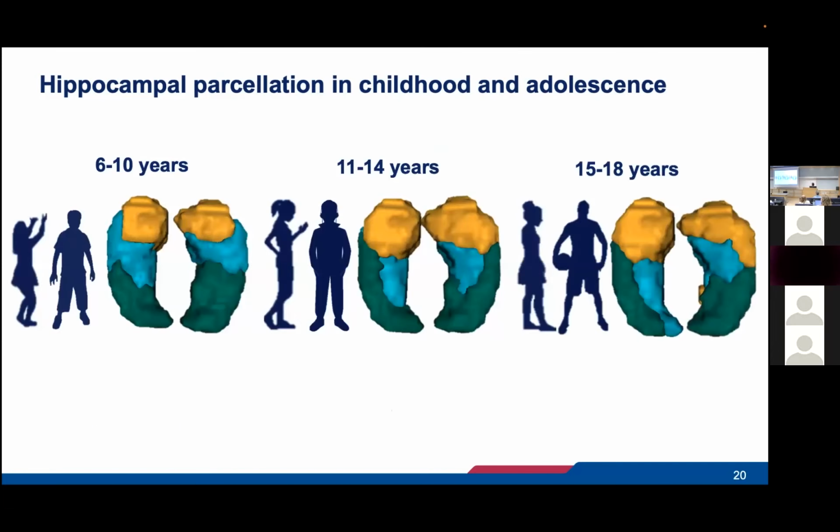Here, interestingly, we found, again, in late childhood, an anterior-posterior differentiation pattern, which we know from dementia. But in adolescence, we see the previous pattern, which we also saw in adulthood.